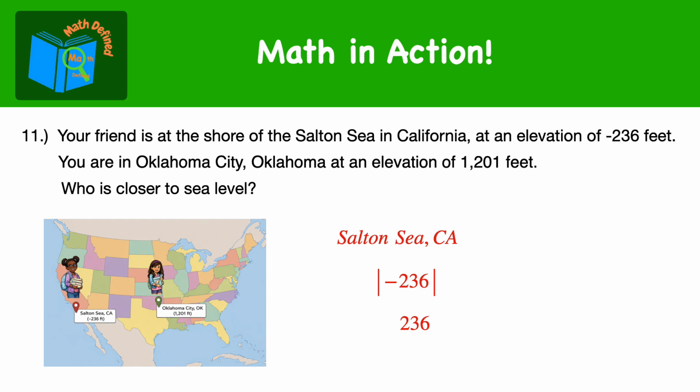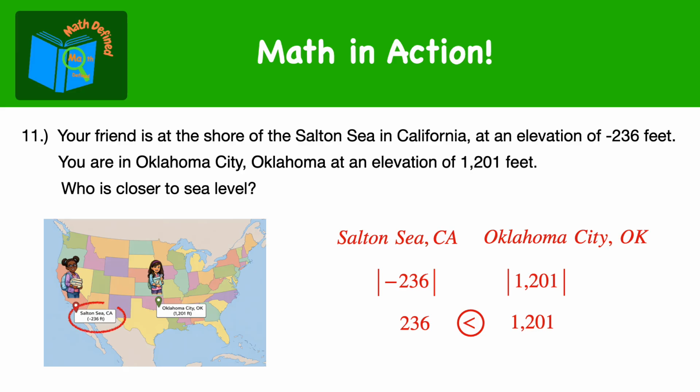For Oklahoma City, we'll find the absolute value of positive 1,201, which is positive 1,201. Now compare those distances. 236 is less than 1,201. That means that negative 236 feet is closer to 0 than 1,201 feet is. So your friend at Salton Sea, California is closer to sea level.